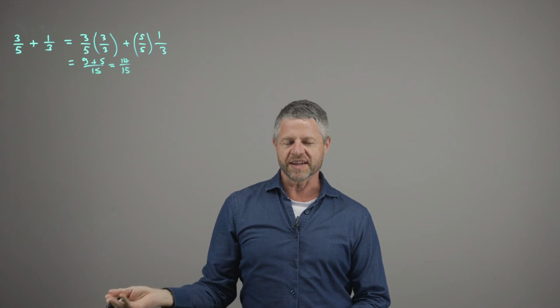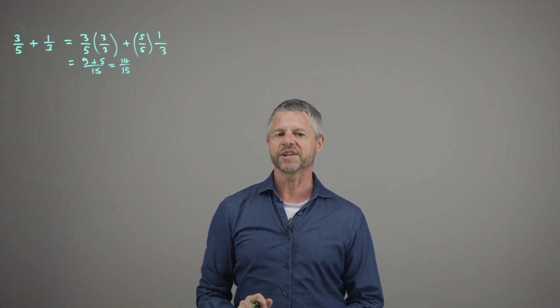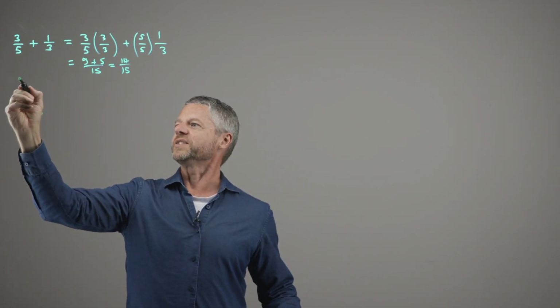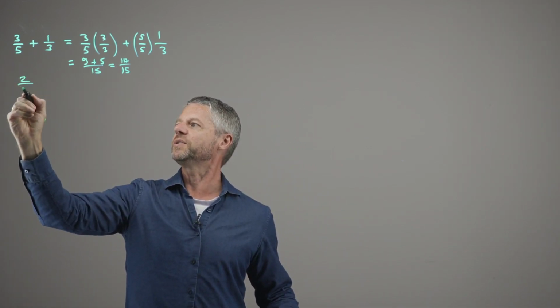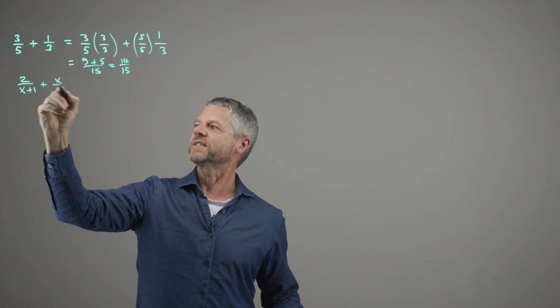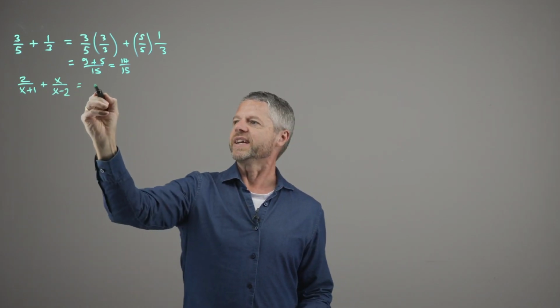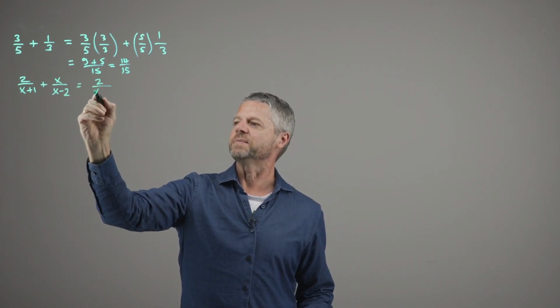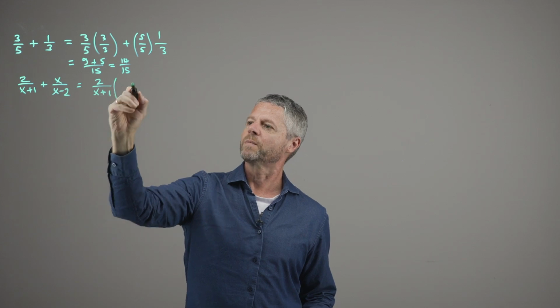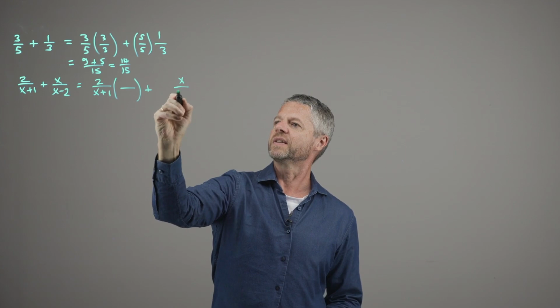We apply essentially the same idea when we're adding or subtracting rational expressions. As an example, if we have 2/(x plus 1) and we want to add x/(x minus 2), we just write it down again and leave a little bit of space, like this.